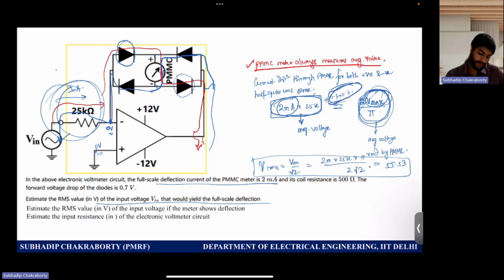So this will also contribute to the main average value of this signal. We add it, hence you can consider this plus 1.4, and it will come to somewhere around 56 volts. So this is the RMS value of the input voltage corresponding to full scale deflection.